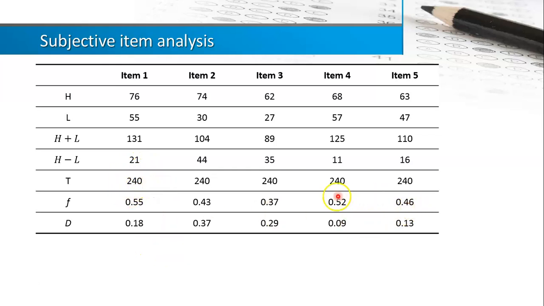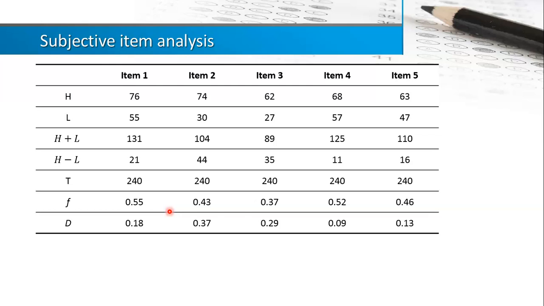So this is the facility and discrimination index for subjective items. There's no negative here, it's very good. Item 2 is considered good discrimination, while items 4, 1 and 3 are quite poor because it's 0.13.